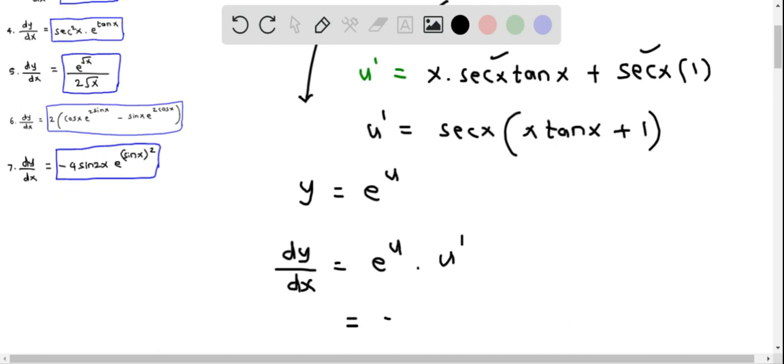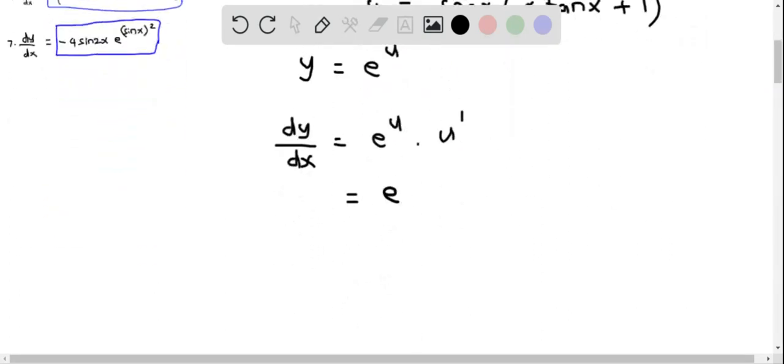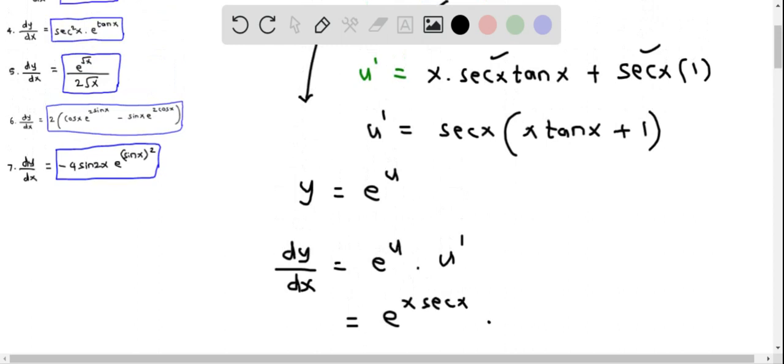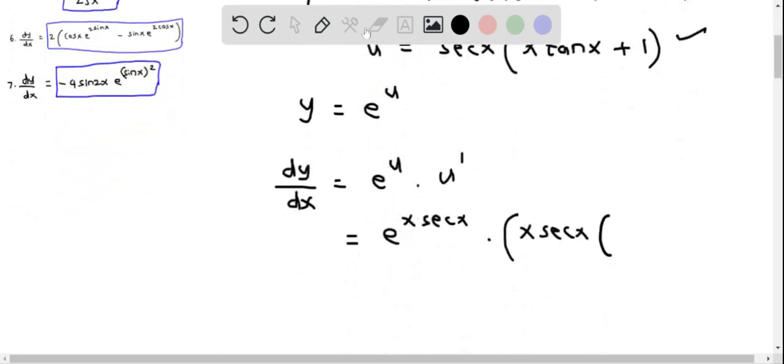And so this becomes, now replace u by x secant x, e raised to the power of x secant x times u prime, which is secant x times x tangent x plus 1.